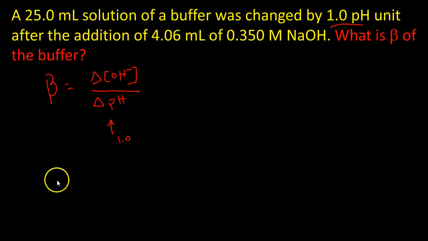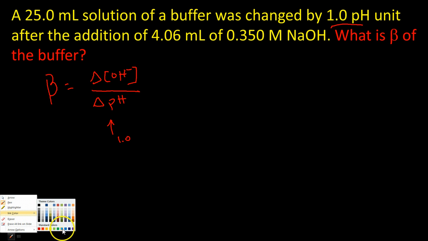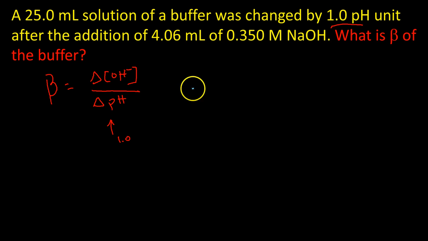And so for this one we can do our old friend, M1V1 equals M2V2. In this case, I'll just call it C1V1 equals C2V2. So our concentration at one volume equals the concentration times the other volume. So we set up our C1V1.